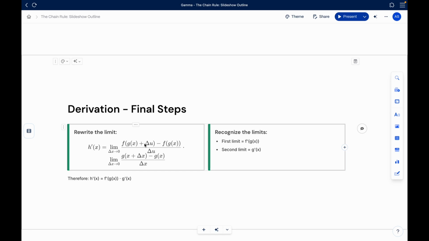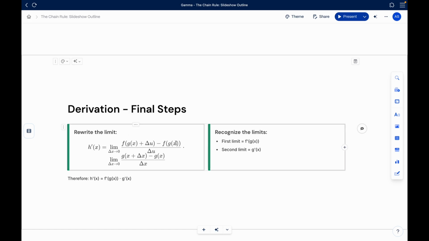But on top of that, f of g of x pretty much becomes the function, and since we have a delta u, by sheer math, and not by sheer chance, it was all planned out, and it's very solid in its mathematical rigor, this becomes the second term.